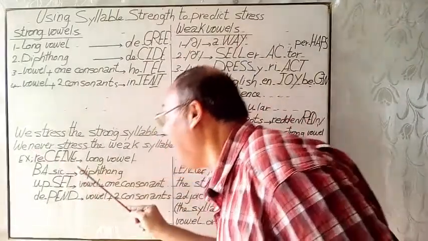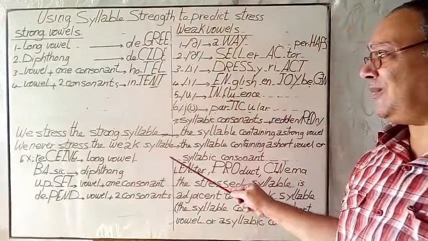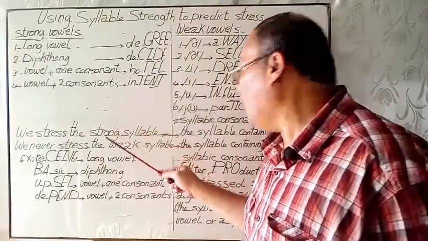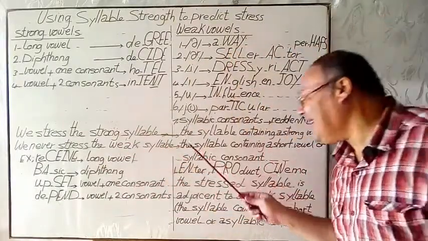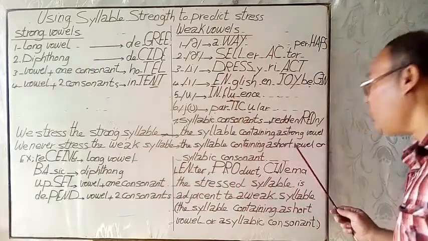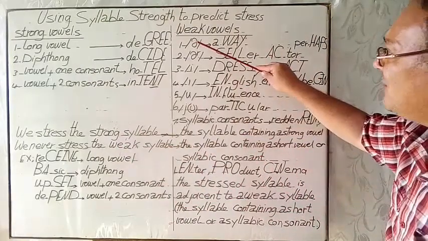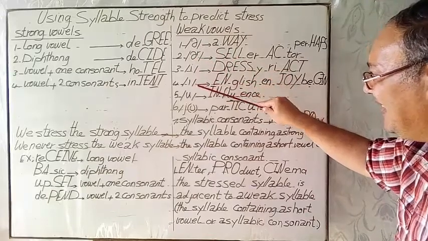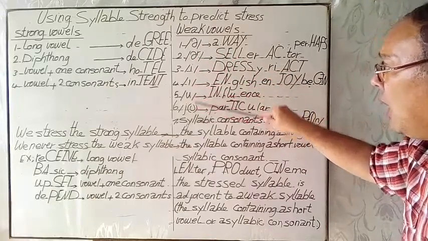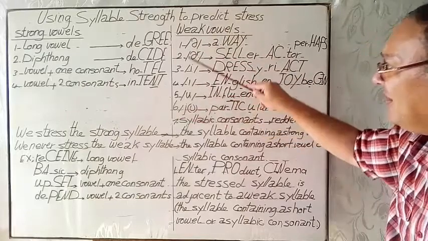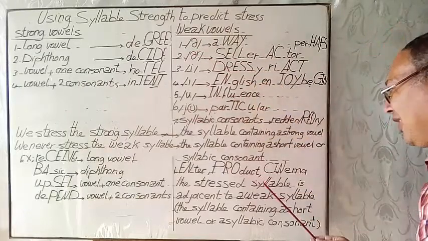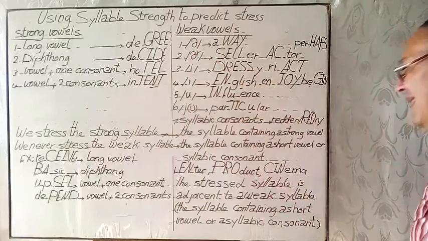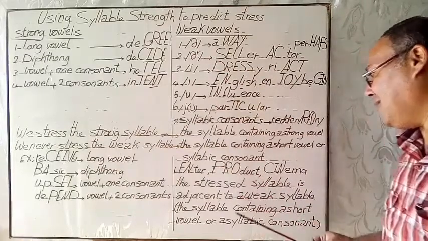We never stress the weak syllable. What is meant by weak syllable? The syllable containing a short vowel. All these from 1 to 6 are called short vowel syllables.